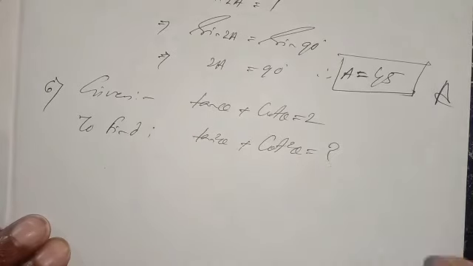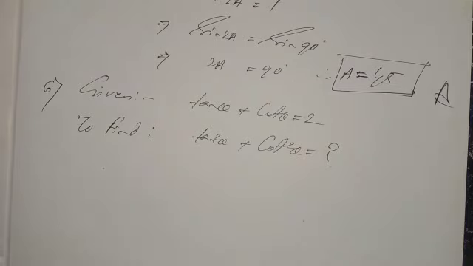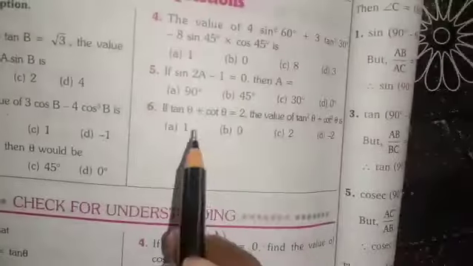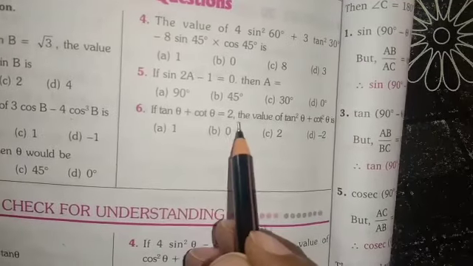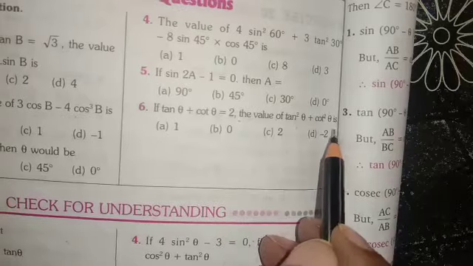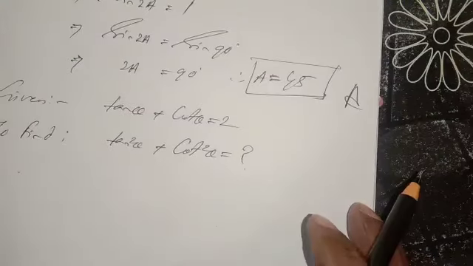In this question, what is given and what you have to find out? Tan theta plus cos theta equal to 2 is given, and you have to find out the value of tan square theta plus cos square theta. Just see how to solve.